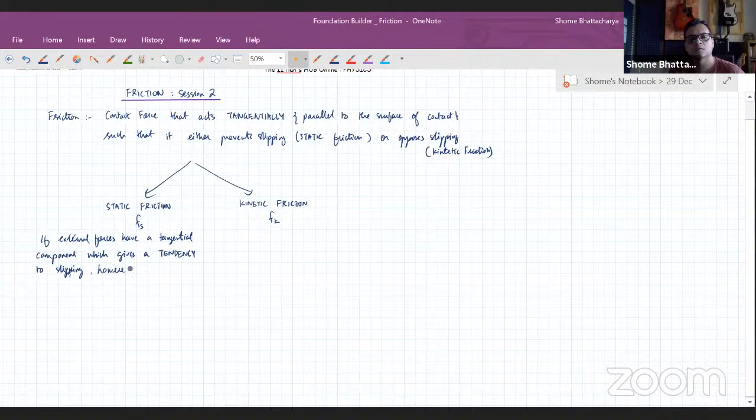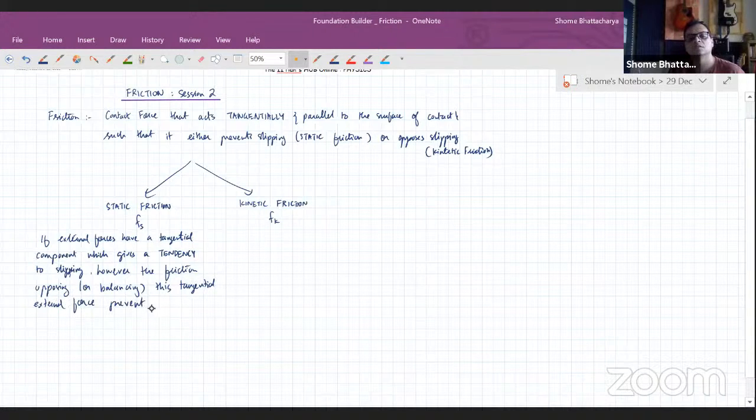However, the friction opposing, or you can say balancing, this tangential force prevents slipping, prevents the object from slipping against the surface.